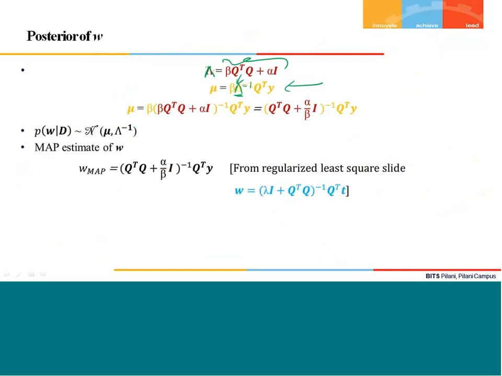So you put this matrix because this is the inverse. When you bring this beta inside this formula, it gets converted into 1 upon beta, because this is the inverse here. This beta will get cancelled, and this will remain. So this Q transpose Q will come here, and alpha upon beta will come here. So this is alpha upon beta, and this is I. And finally I get this expression.